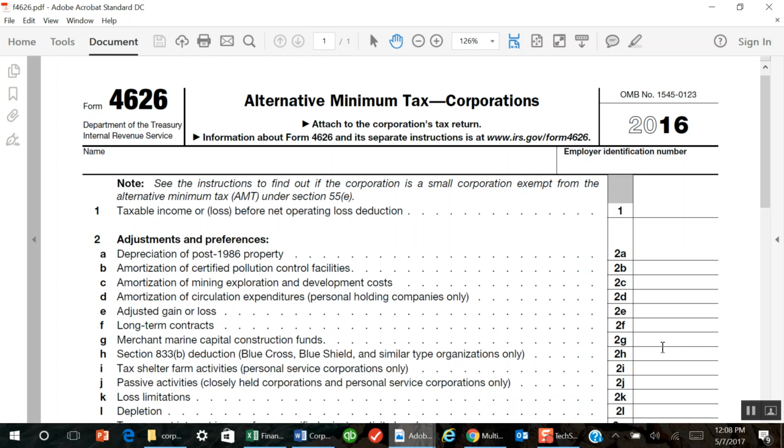Remember, I told you in my lecture that week when we were going through chapter 5, the AMT system is a system that's parallel to the regular tax system. It feeds off of it. It looks and feels like the regular tax system, but it feeds off of the regular tax system. So you start with regular taxable income, and then you go through and make sure you don't have any regular tax / AMT differences.